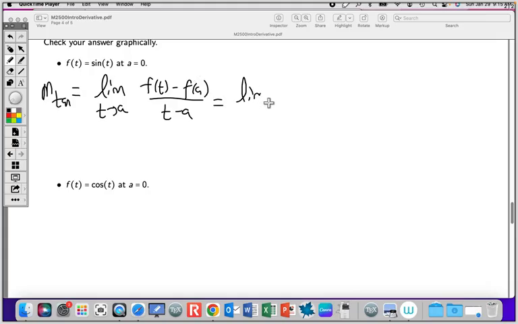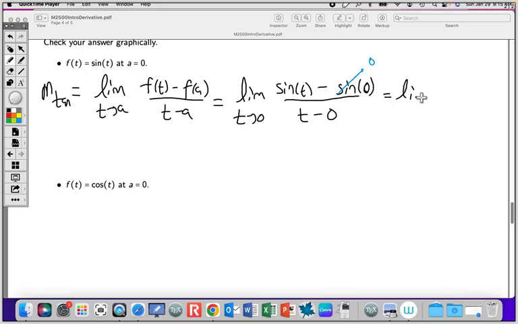So this would be the limit as t goes to 0 of f of t, which is sine of t, minus f of a, which is sine of 0, over t minus a, which is t minus 0. And we know that the sine of 0 is 0. So this is the limit as t goes to 0 of sine of t over t.